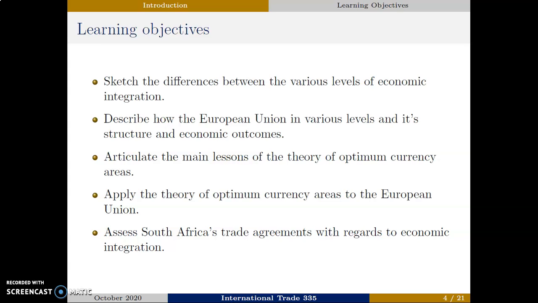You should be able to apply the theory of optimum currency areas to the European Union and conclude whether the European Union is in fact an optimum currency area. You should be able to assess South Africa's trade policy in terms of its levels of economic integration and evaluate whether Africa could integrate economically.